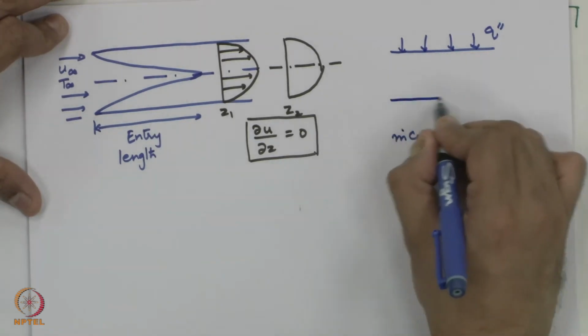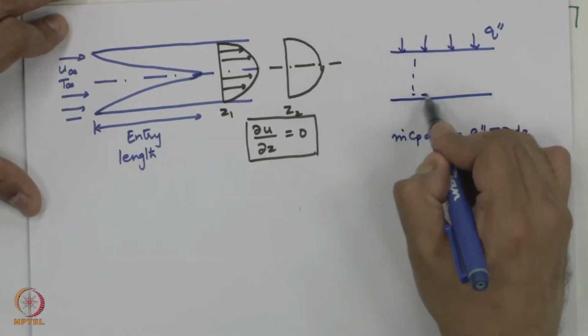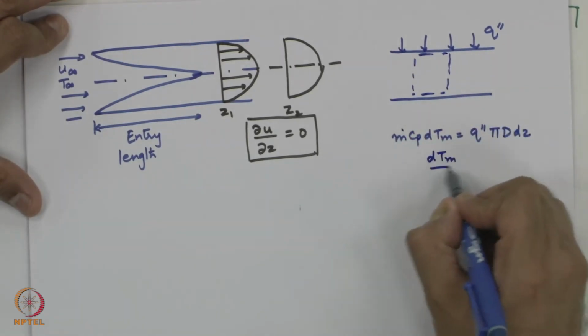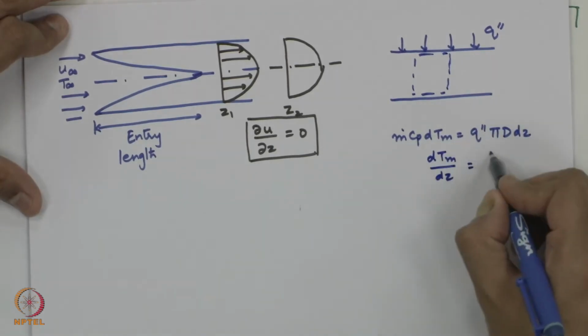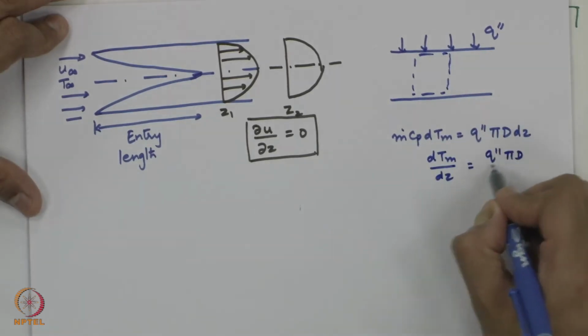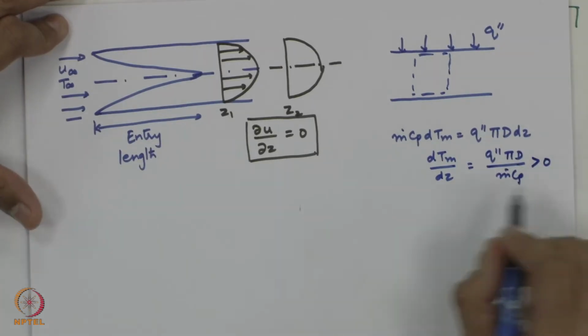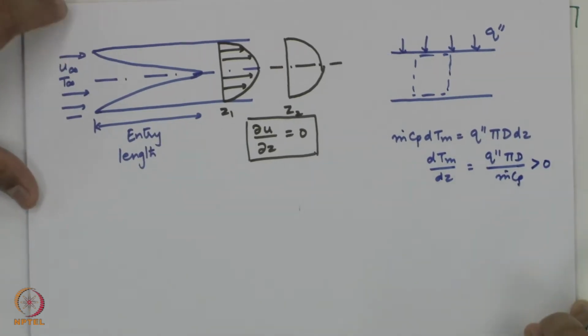If you take a control volume, this heat addition always causes an increase in the temperature, that is q double prime pi D by m dot Cp, and this is always greater than 0. So, the bulk mean temperature is progressively increasing along the flow direction.